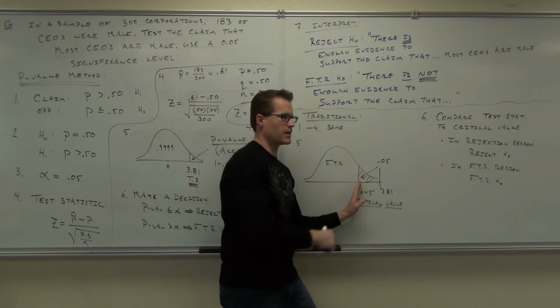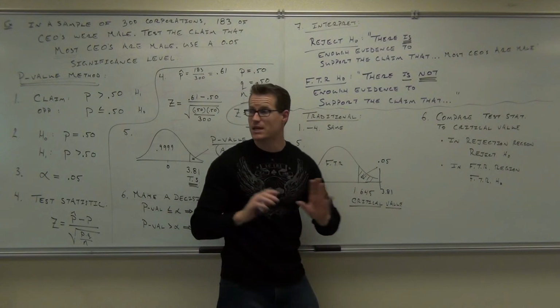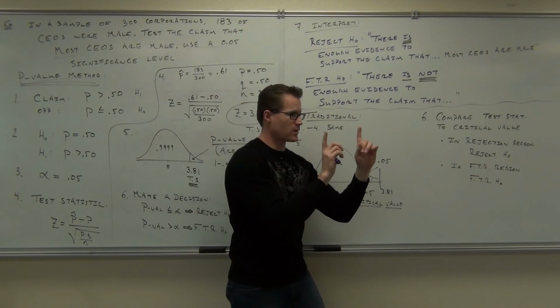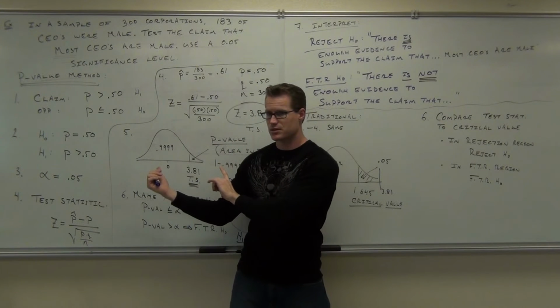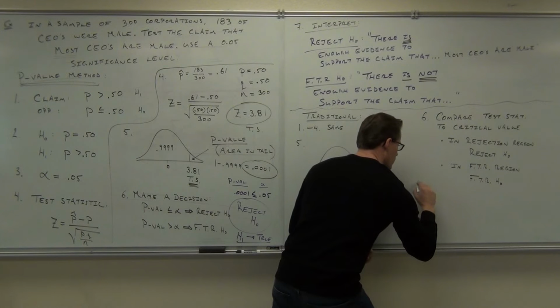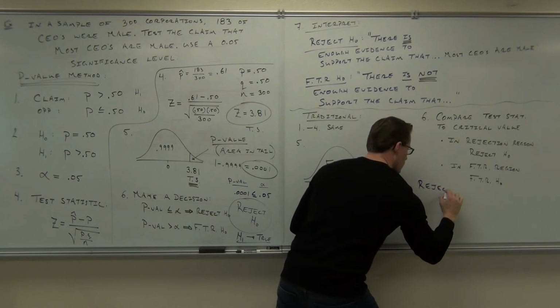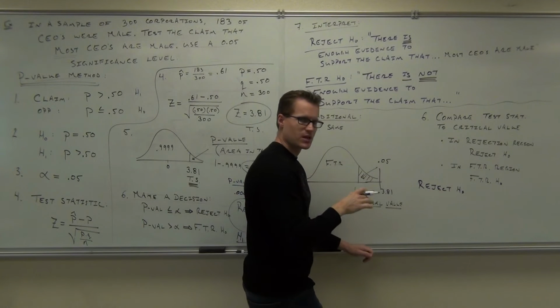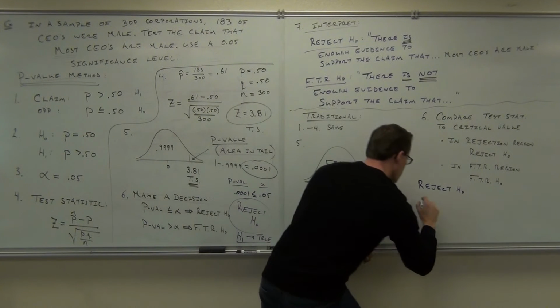This says I'm past that. That means I'm rare enough to prove right or wrong. It's the same exact idea. One's just comparing areas. One's comparing the critical value and test statistic, which gave you those areas. That's it. So in this case, yes, you're still going to reject H sub 0. If you reject H sub 0, that means you accept H sub 1.